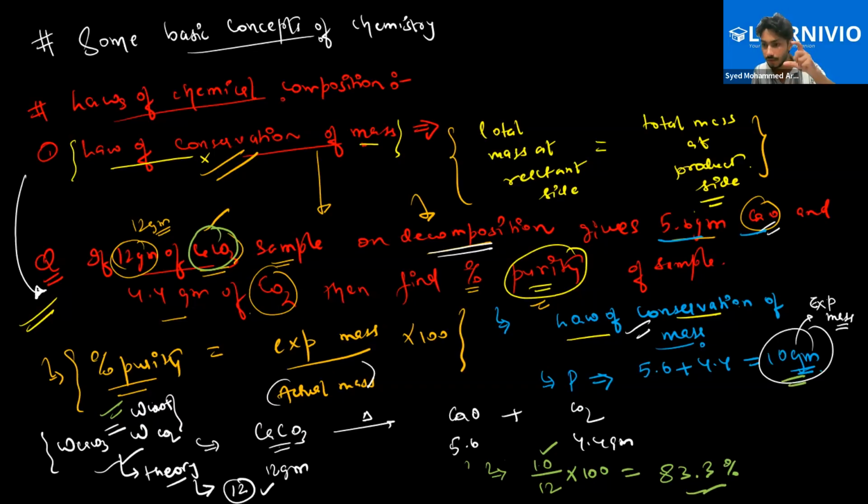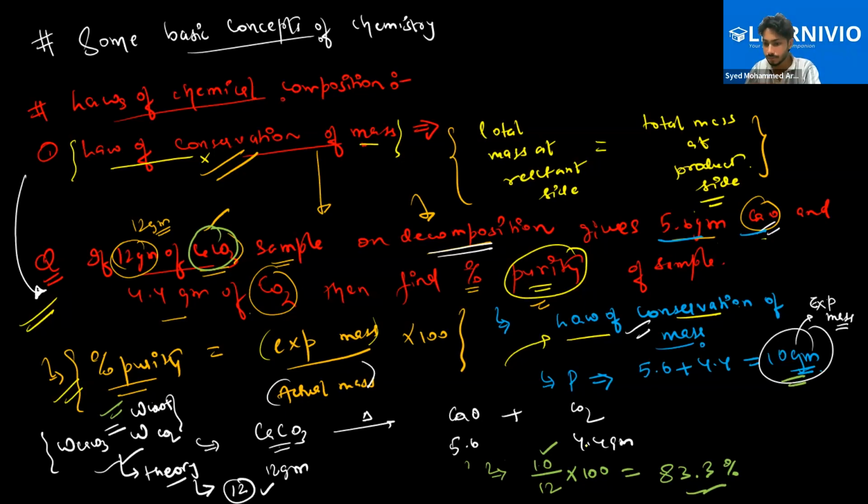There are some difficulty levels, there are some catches. In this question the concept applied here is the law of conservation of mass, but behind this concept you need to know the concept of percentage purity, and percentage purity relates to the experimental mass which is there in the question. Experimental mass is always going to be there, which you get after performing this chemical reaction.